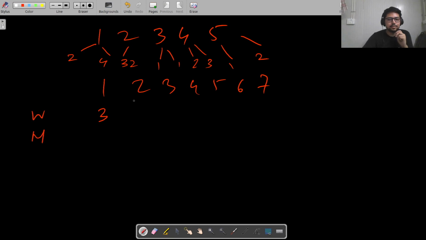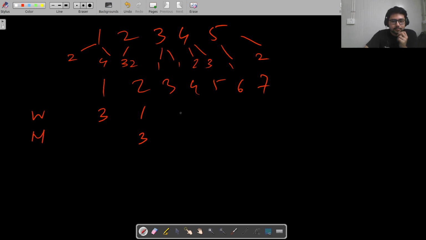M represents maintenance. Let's say on day 2 we added train number 1. So 1 will be in work.